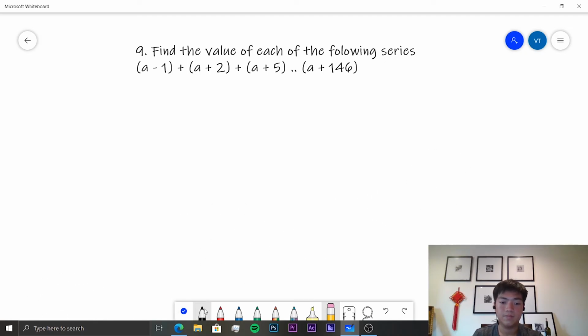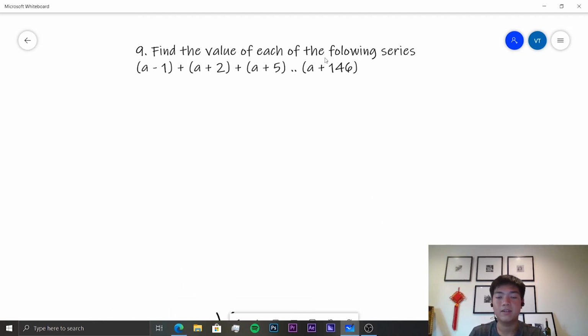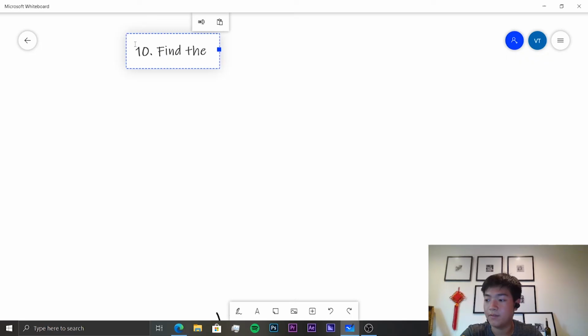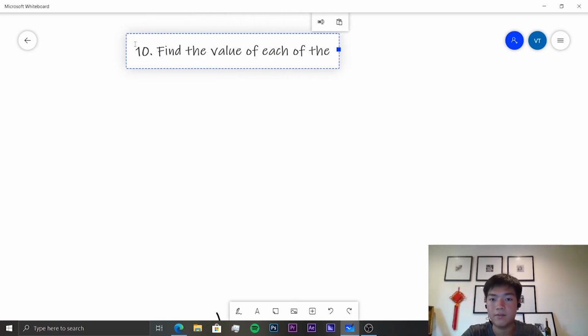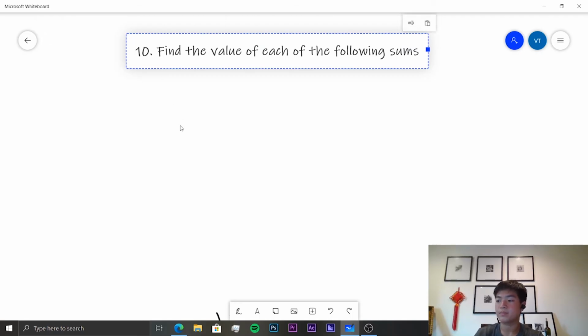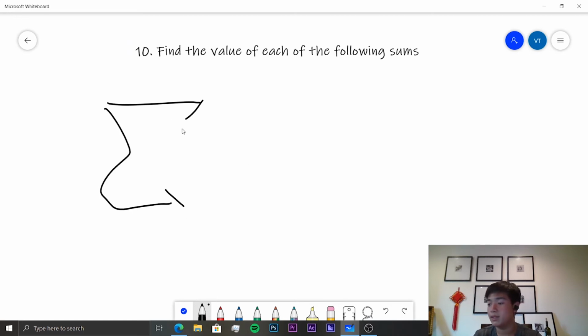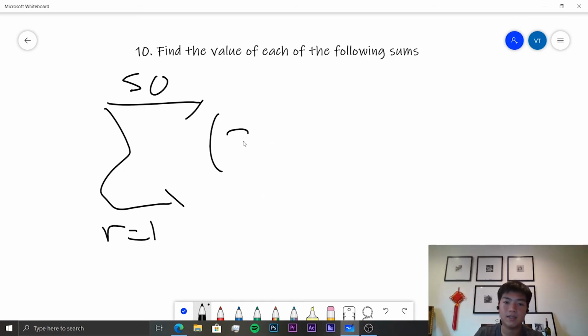So our problem here is, find the value of each of the following sums. Okay, so we can simply say this is a sigma symbol, and the first question involves a series ranging from 1 to 50, and it's equal to 3r minus 8.